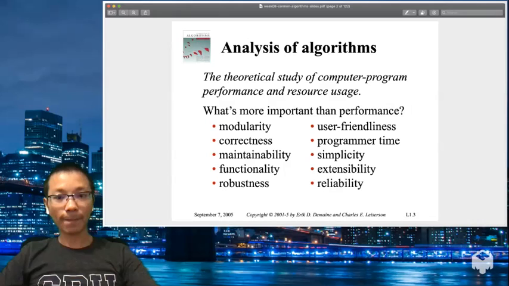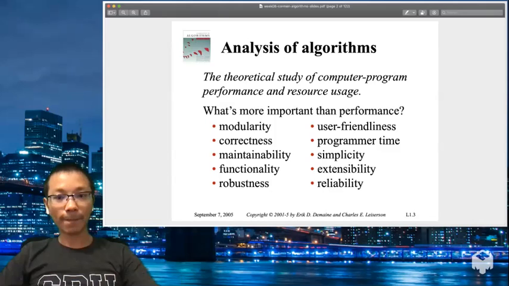So here we have a list of what's more important than performance when we think about algorithms. In reality, when you do real software engineering, when you write a real application with a team, you have to think about modularity. Is this program modular so that it's easy to maintain and every module is well tested? And perhaps the modules can be reused.